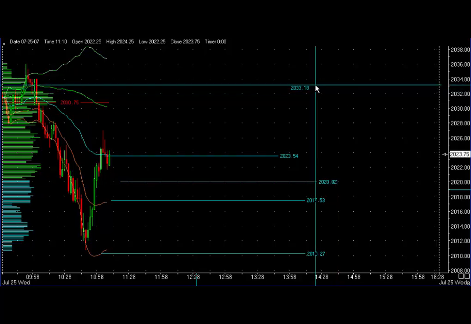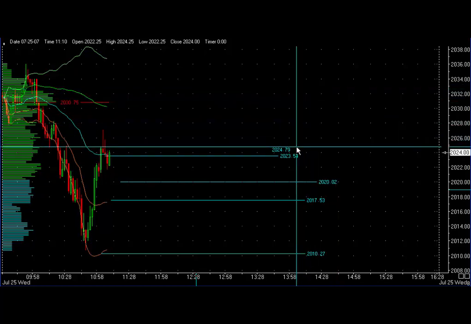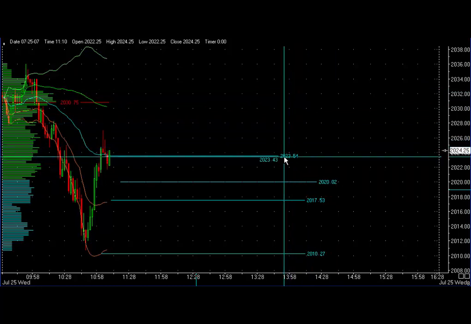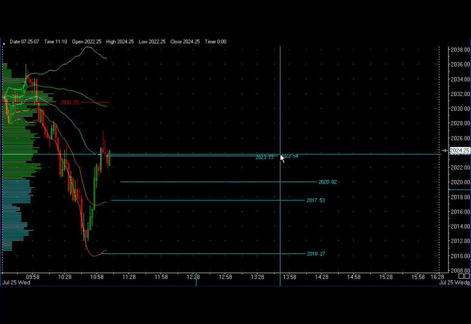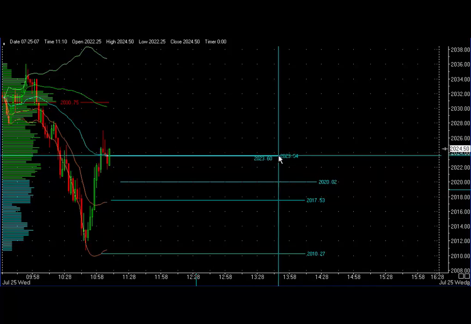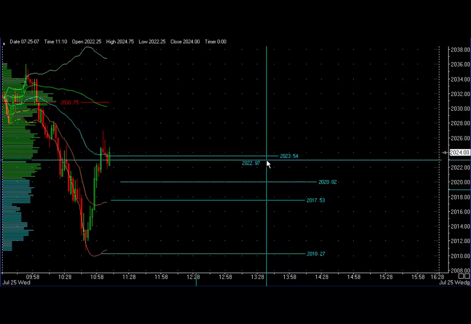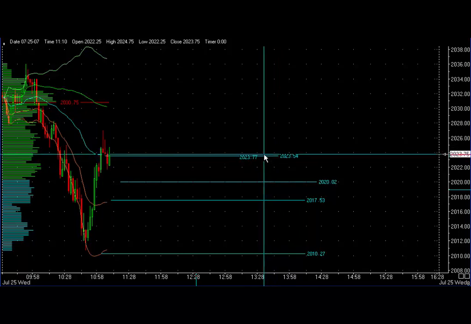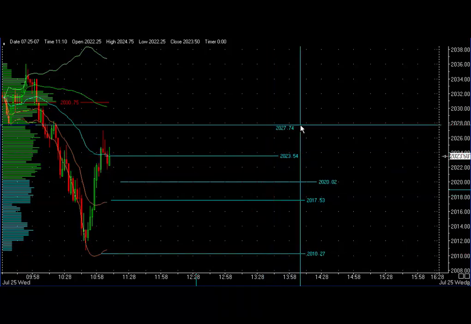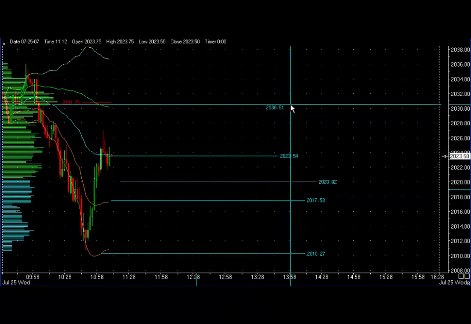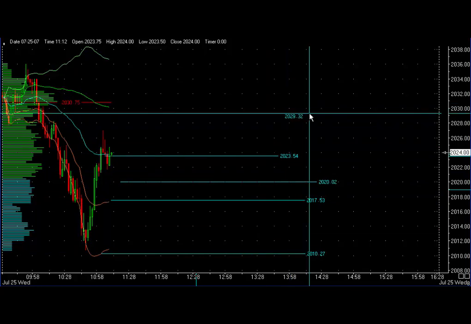So the market's hovering around the VWAP, and these places where the market sort of pauses or hangs out or holds up are called HUP, hold-up prices. All the standard deviations, the VWAP, the peak volume price, are all hold-up prices.